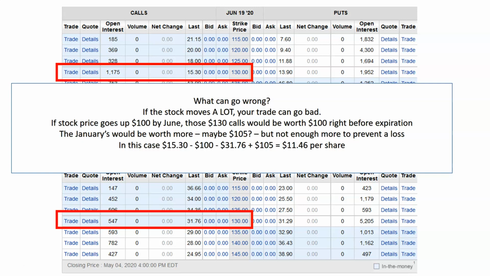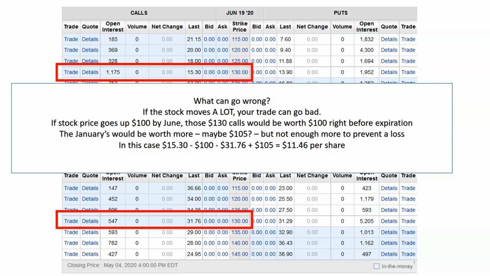Now your Januaries will be worth more. They might be worth, say, $105, because they've still got some time value in there, but it's not going to be enough to prevent a loss. So in this case, as an example, this trade, you've paid $31.76 on those Januaries. You received $15.30 for selling the Junes.